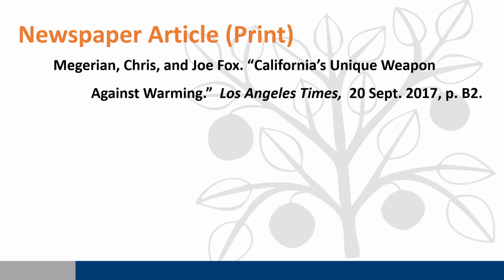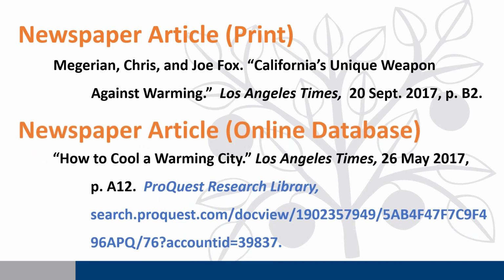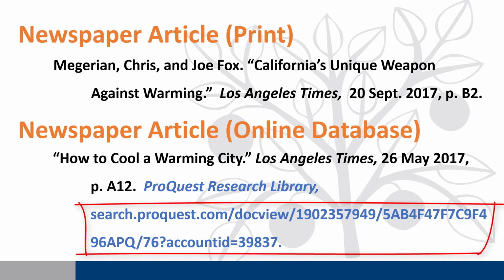Now, if you found a newspaper article from an online database, it will look like this example. Notice after the page number, you will need to include the name of the database in italics, followed by a comma, and then include the URL or the web address to the newspaper article. Also notice the URL does not have the HTTP portion of a typical URL.